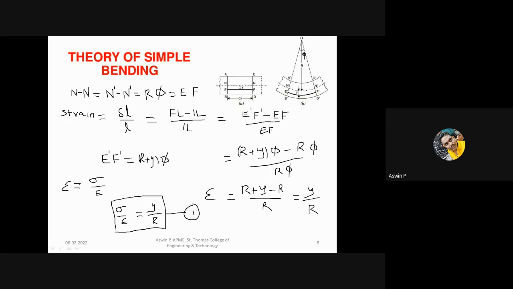You can see that sigma by E is equal to Y by R, which is the first side of bending theory. And now we need to find the second side.